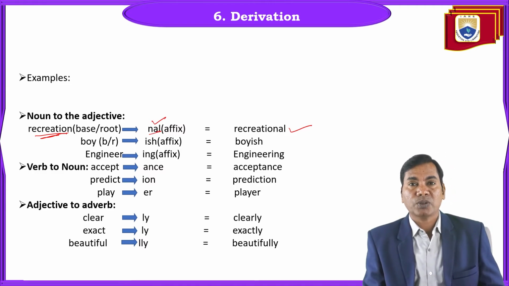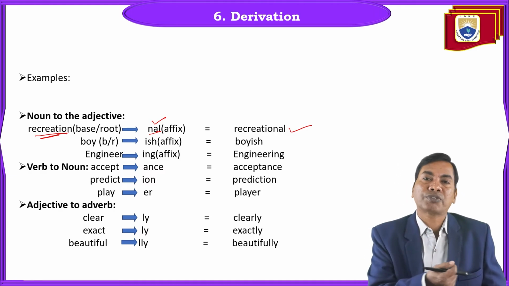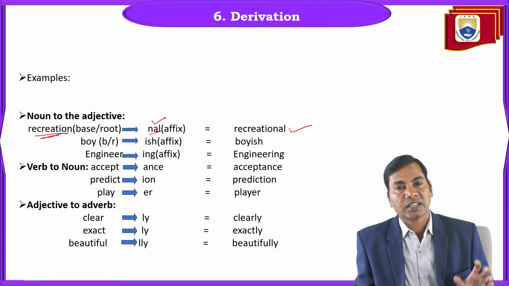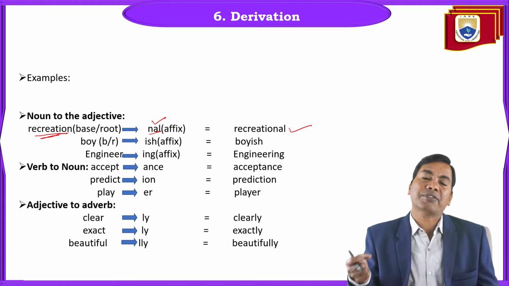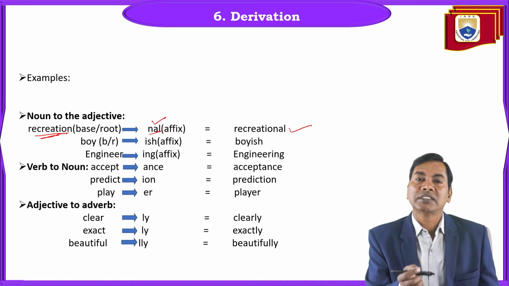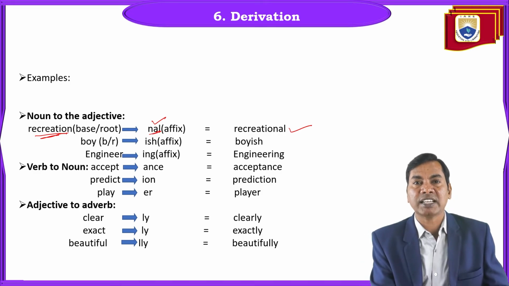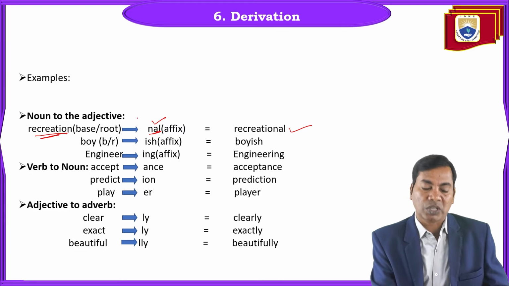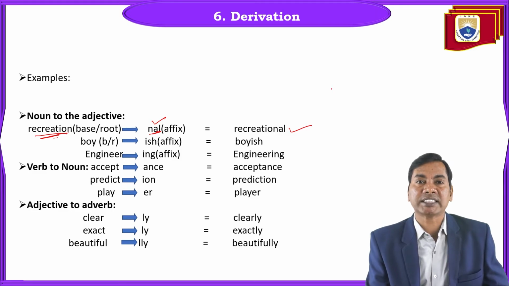Recreation is a noun, and by affixing al to that, we have got the adjective recreational. So derivation will help us to form adjectives from nouns. Nouns are the existing words there. To derive adjectives from those nouns, we affix bound morphemes to them, right? Here I affix al, which is a bound morpheme, to the existing word recreation, so we got recreational, a new word.